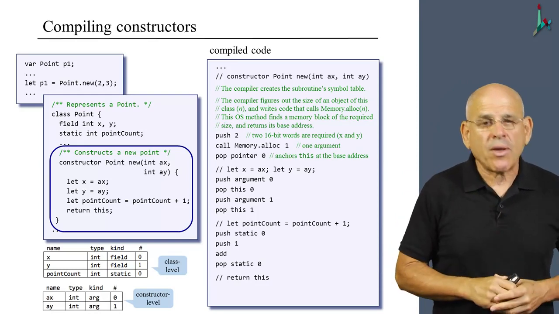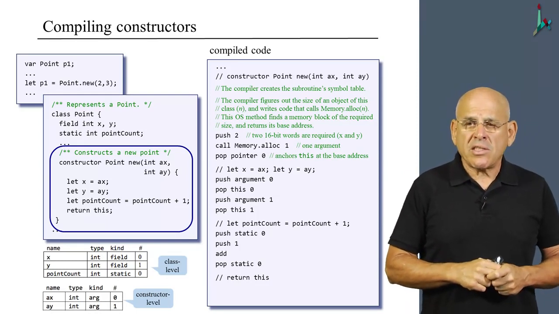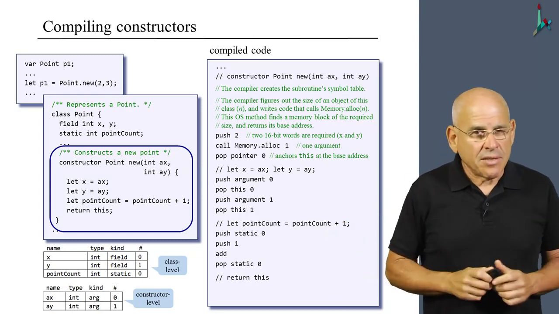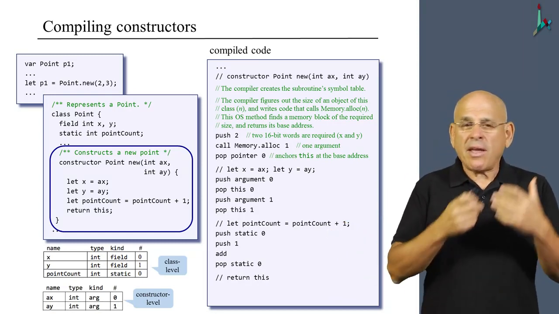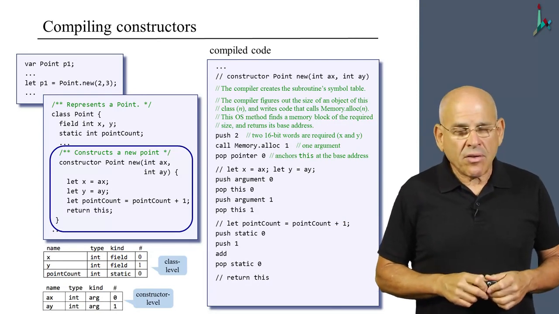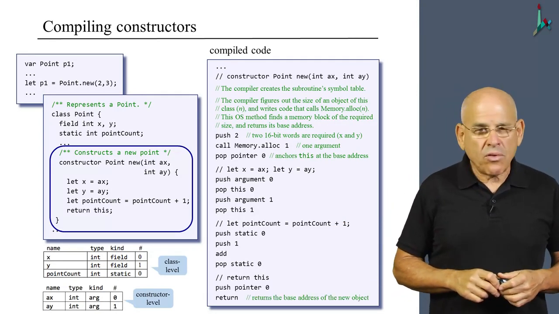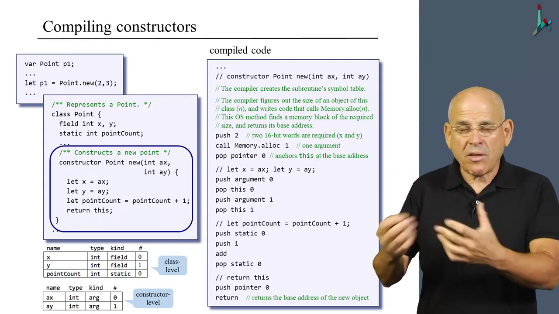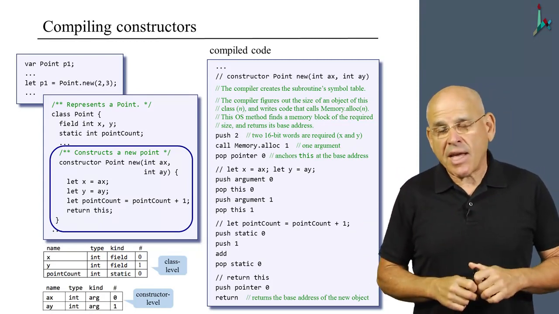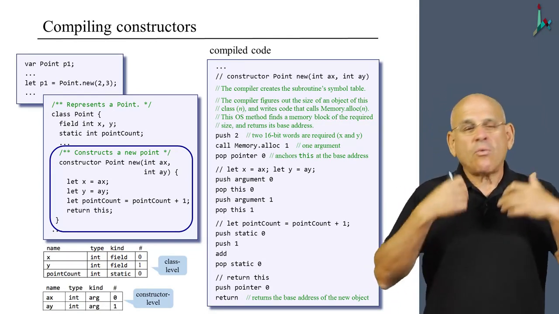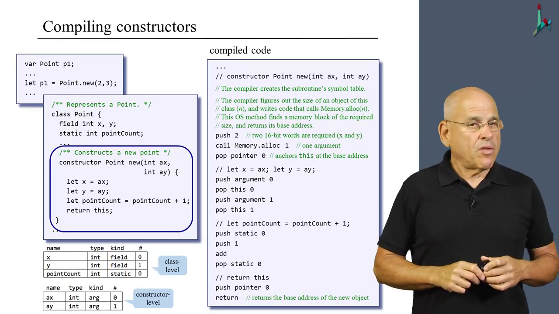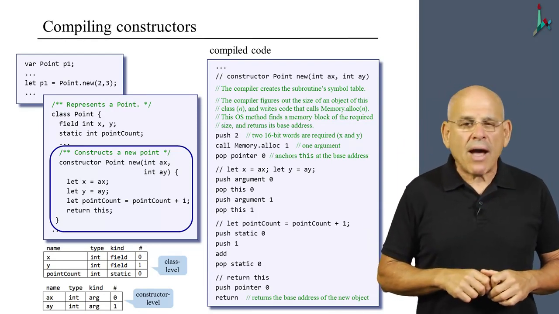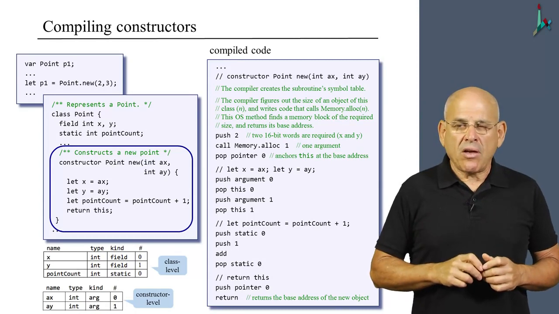And indeed, we see that we have a return this statement in this constructor as well. So how do we compile it? Easy, right? This is already anchored on the right address, so all we have to do is push pointer 0 on the stack, because pointer 0 contains the base address of this, and return this address to the caller. And that's the end of the compiled code of this particular constructor.